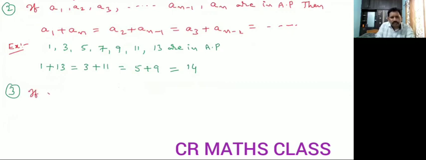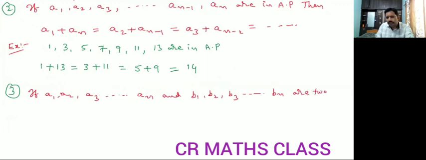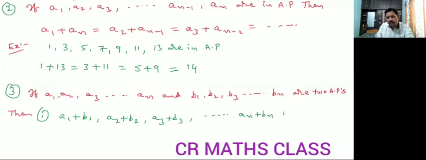If a1, a2, a3 and so on an, and b1, b2, b3 and so on bn are two APs, two arithmetic progressions, then the first property is: a1 plus b1, a2 plus b2, a3 plus b3, and so on an plus bn is also an AP only.